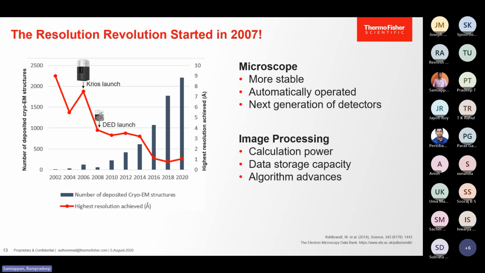But in 2012, if I remember correctly, after the Titan Krios launch, there were very good research articles with high atomic resolution, which you can achieve with advanced detectors as well, in a very quick time frame.